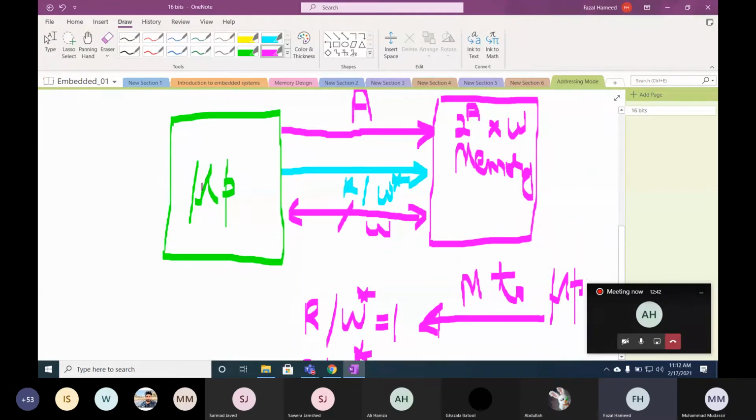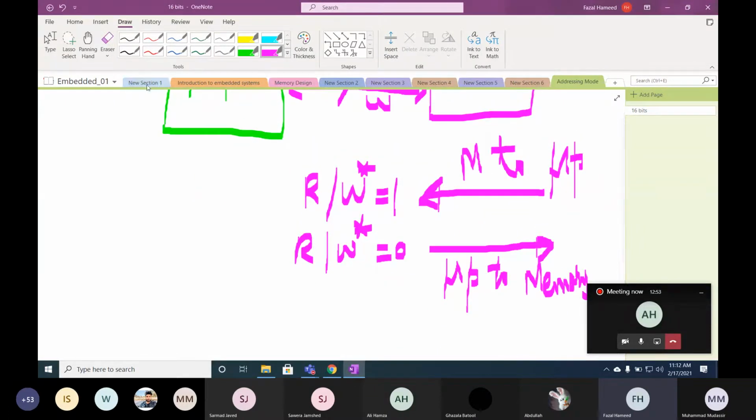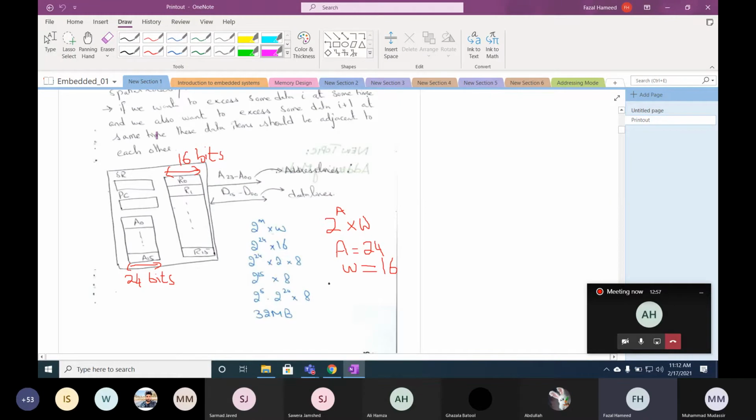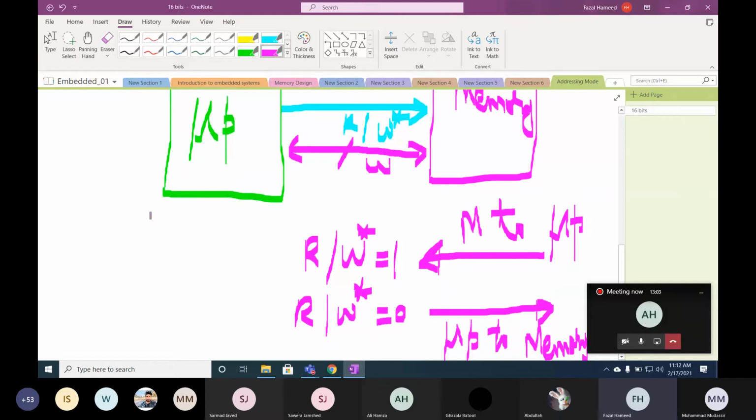Now, if you look into the details of the microprocessor, it has some internal storage elements, and these internal storage elements are called registers.